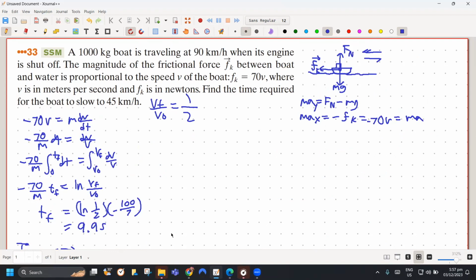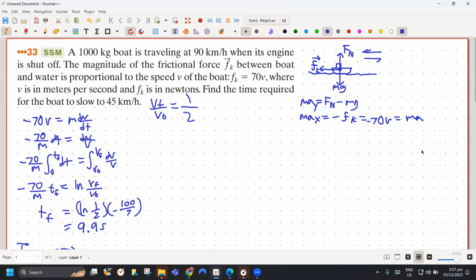By integrating, you can get t_f in terms of v_f and v_0. From here, t_f is arbitrary, and t_0 is also arbitrary. But for now, we'll work with the starting time being 0.